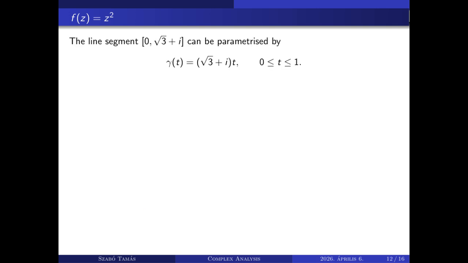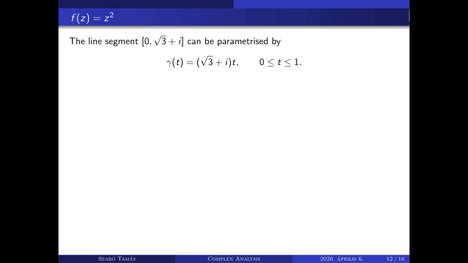The line segment from 0 to √3 + i can be parametrized by γ(t) = (√3 + i)t for 0 ≤ t ≤ 1.